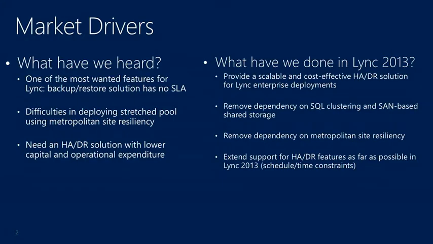With Lync 2013, we've expanded that to be part of the product itself. We understand that those are critical pieces in most organizations. We wanted to have that automatic versus some sort of manual process that the administrators would do. We had other customers attempt to achieve this by taking the pool and stretching it across two separate locations. Lync 2010, we called that the metropolitan site resilience approach.